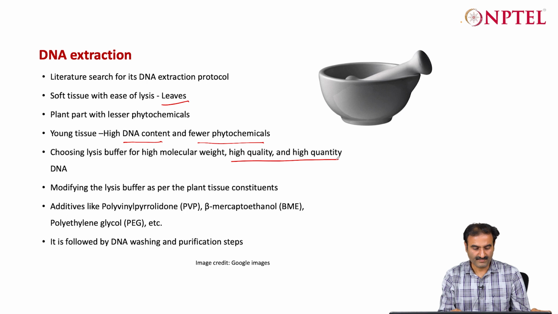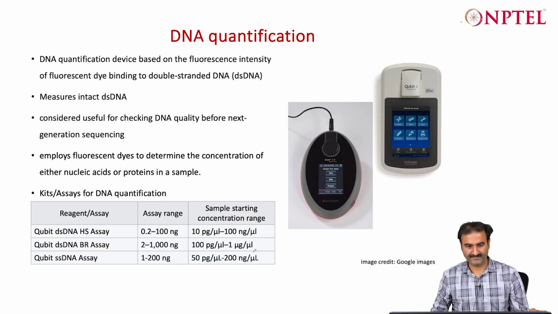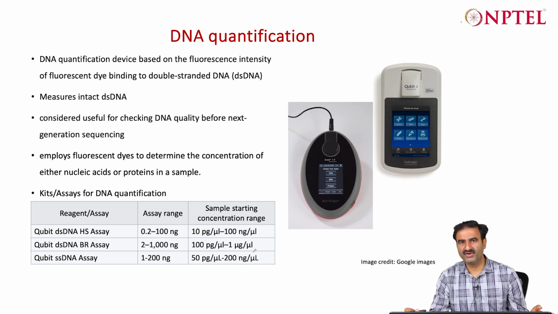And other additives are needed depending upon the tissue, followed by the DNA washing and purification steps. Once you have done the extraction, washing and purification, you should quantify the DNA, to know how much DNA you have in hand.